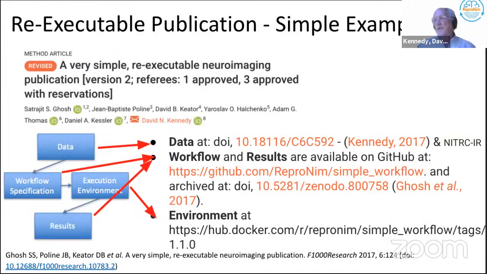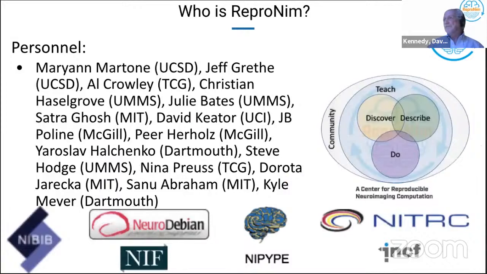We have a couple of examples that make sure the publication, just via supplemental data or references to additional DOI-trackable sources for the data, the workflow, the execution environment, and the results, establishes ways of doing that.